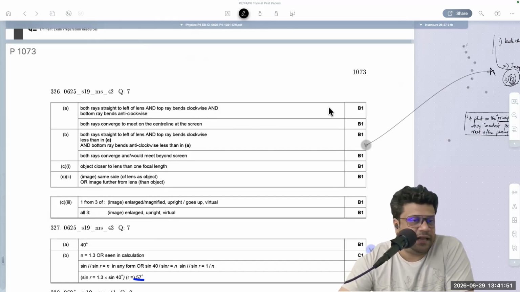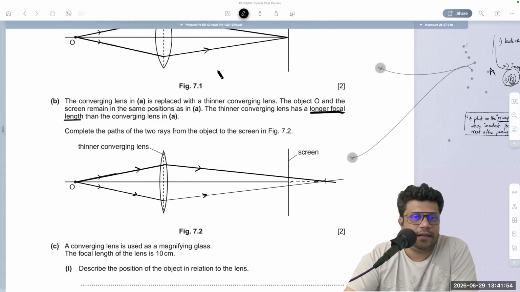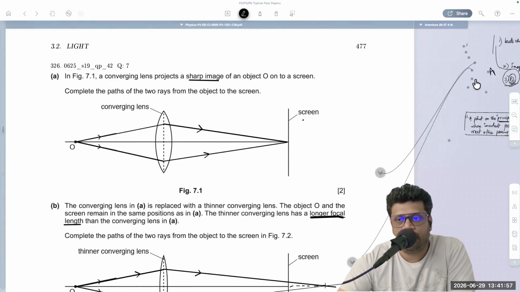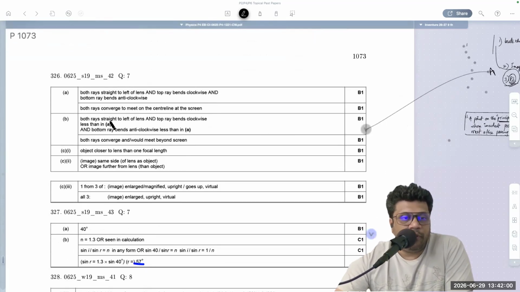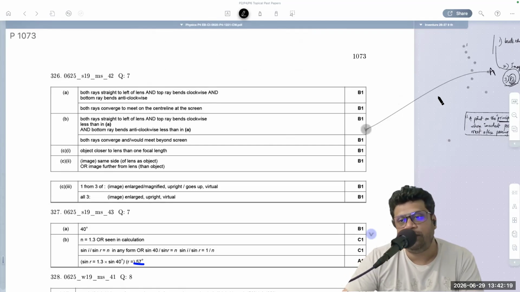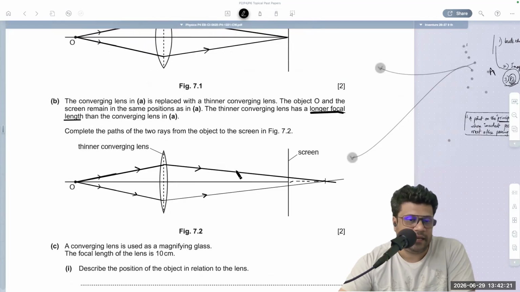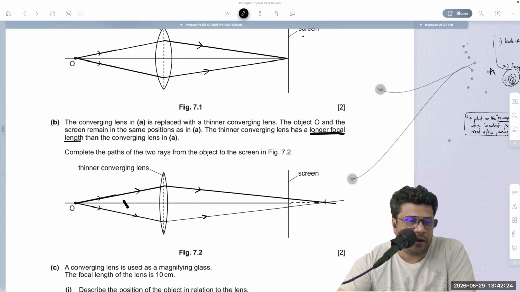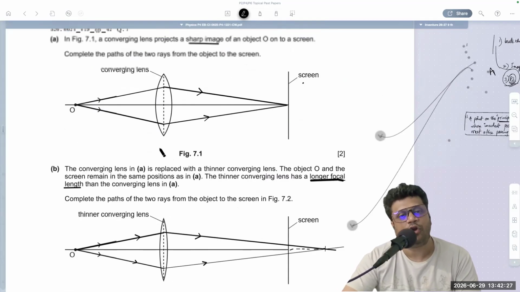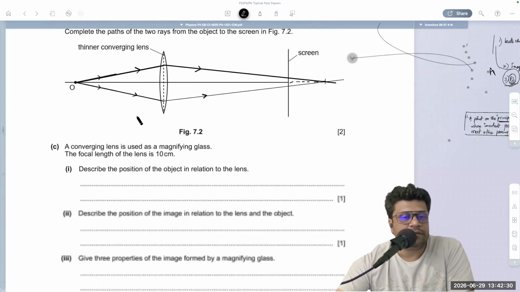That was part A, the one that we drew first. Now part B: both rays straight to the left of the lens, the top ray bends clockwise with less bending than in A, and the bottom ray bends anti-clockwise. Both rays converge to meet beyond the screen. So less bending is observed, and on the left they're supposed to be straight, which we have drawn. So that was about it.